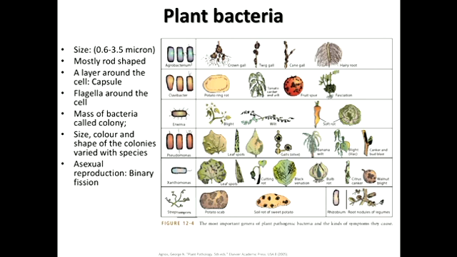And the symptoms they produce are mostly gall-like symptoms. You know that the bacterium Agrobacterium produces crown gall. And some wilt symptoms are also produced by bacteria. And some leaf spot and some scab symptoms in potato are all produced by bacteria. And if you grow them in media, they form different kinds of colonies, okay?